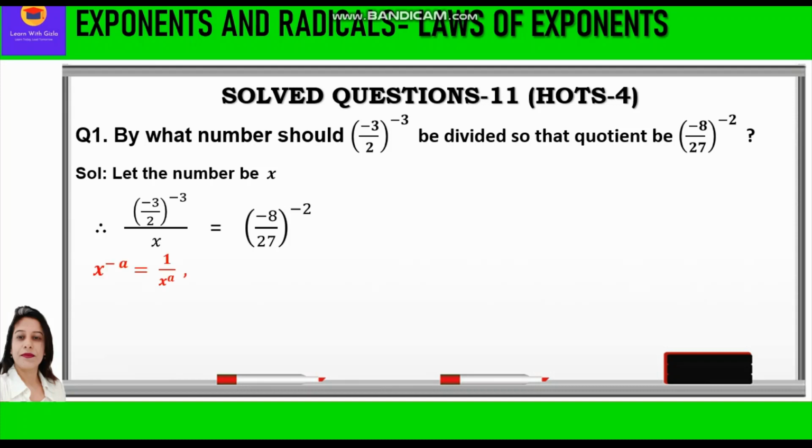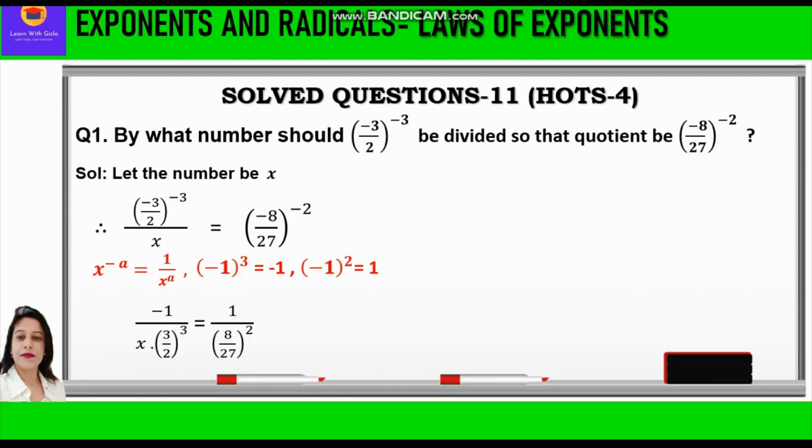We apply the law of negative exponent, according to which x^(-a) is equal to 1 upon x^a. Further, the cube of a negative number is always negative and the square of a negative number is always positive. So on the left-hand side we write minus 1 because the cube of a negative number is negative, and on the right-hand side we write plus 1 because the square of a negative number is positive.